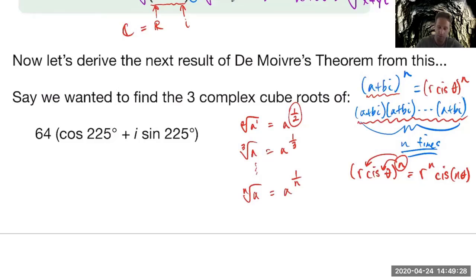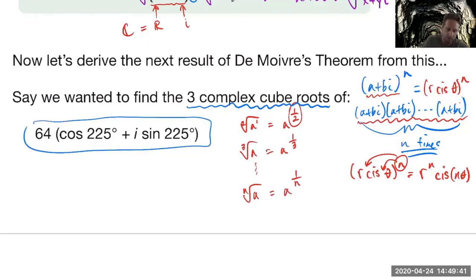So for our first example here, to kind of derive this with you all, what if we were asked to find 3 complex, or what we call cube roots of some number, which I'm going to go ahead and write in its condensed form, 64 cis 225.